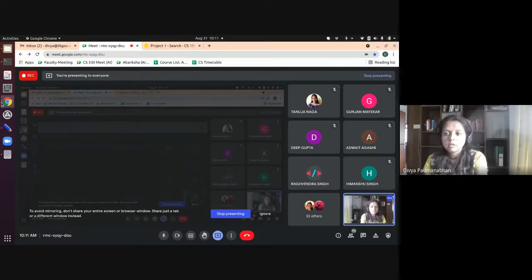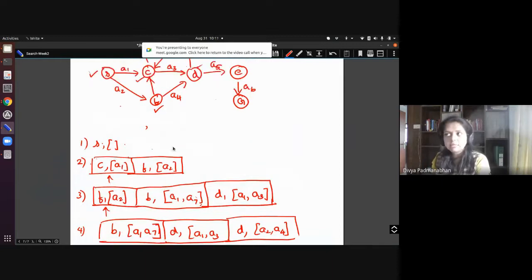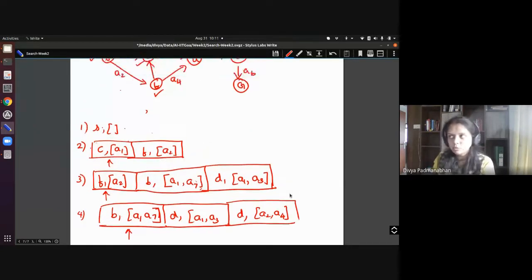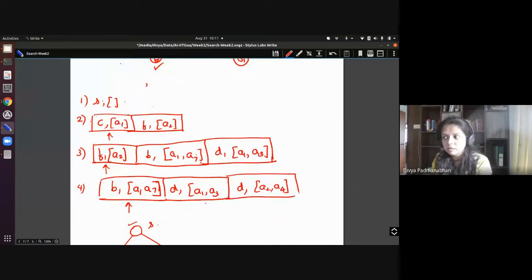Okay, so let me address these points. What all of you said is right, like Gunjan and Raghavendra, what you guys pointed out is right. If the costs are all equal, it's going to give you the optimal solution. Tanuja, your question was about D being visited twice.